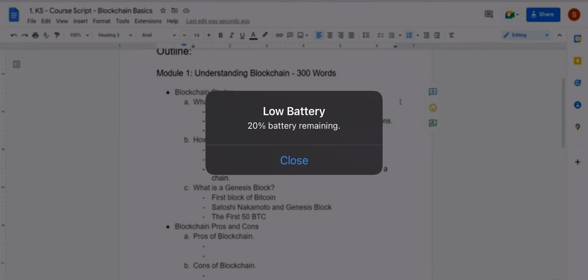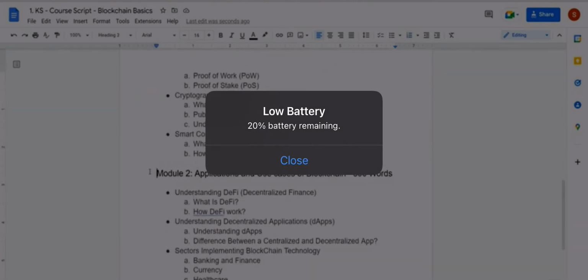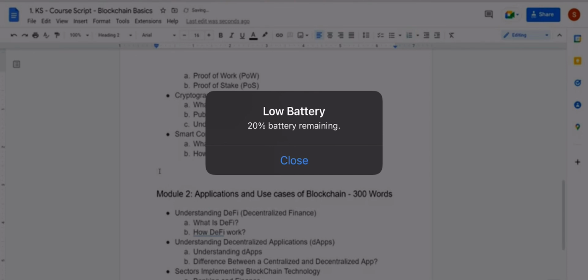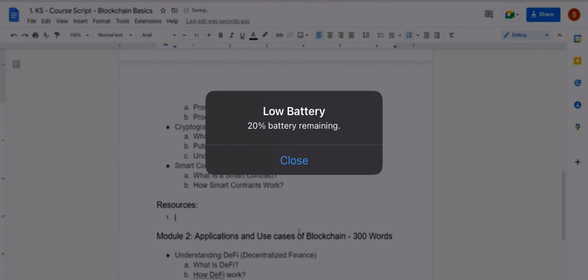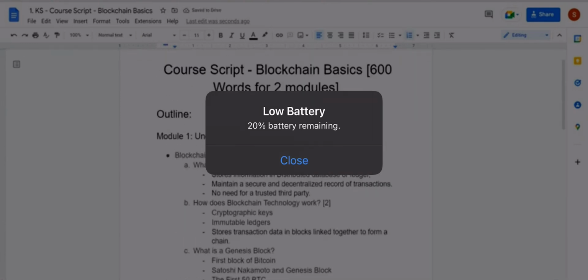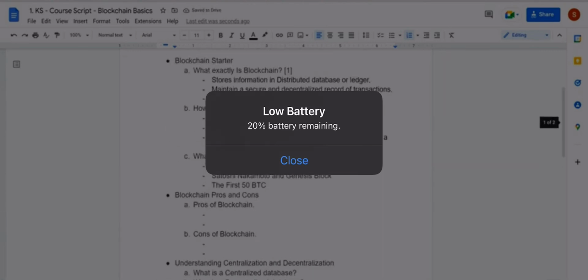You can list it out like points in there, and put some resources. Number one is from www.google.com. Suppose this information you got from google.com.